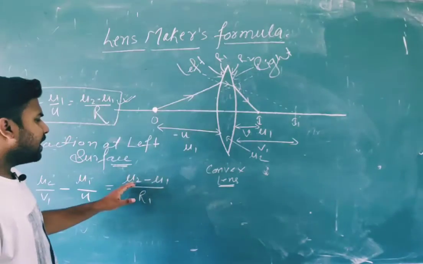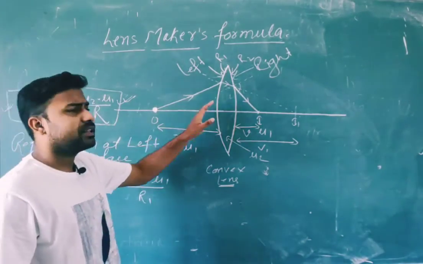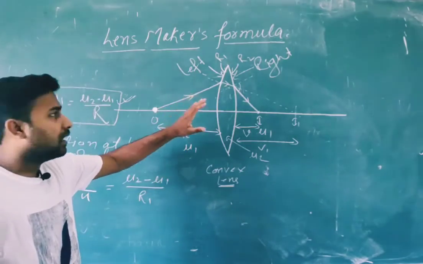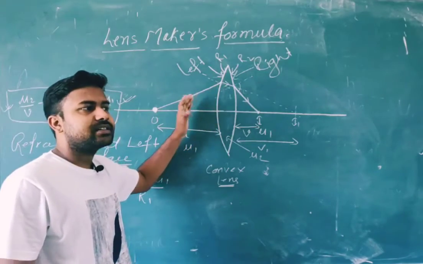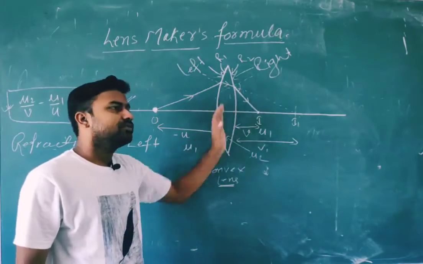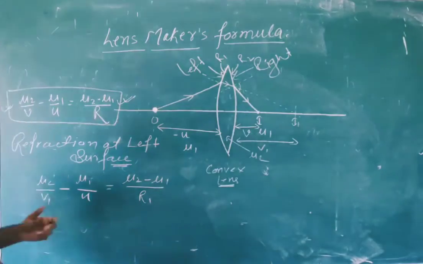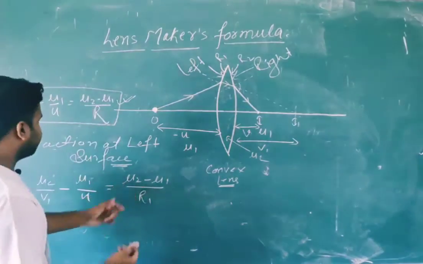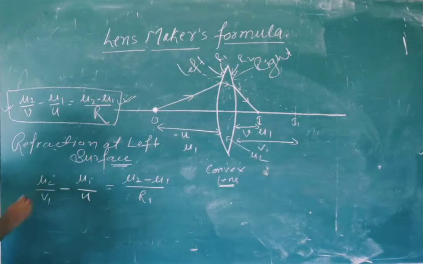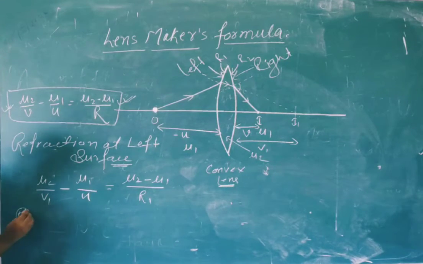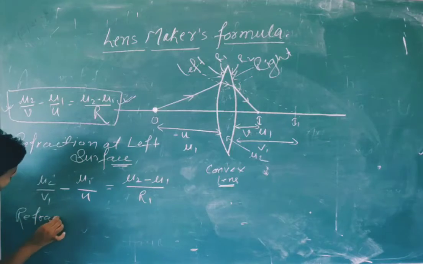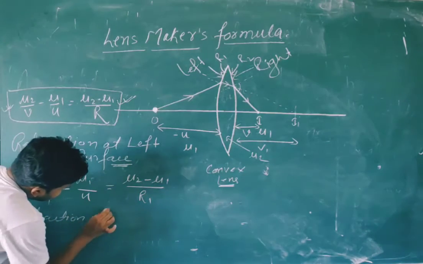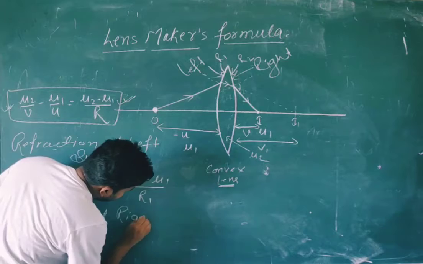Why am I writing mu2 minus mu1? Because this refraction is happening at this surface and light is coming from a rarer medium going to a denser medium, that's why. Otherwise we would switch this. Now we'll apply this. I'm assuming now the second case, refraction at the right surface.